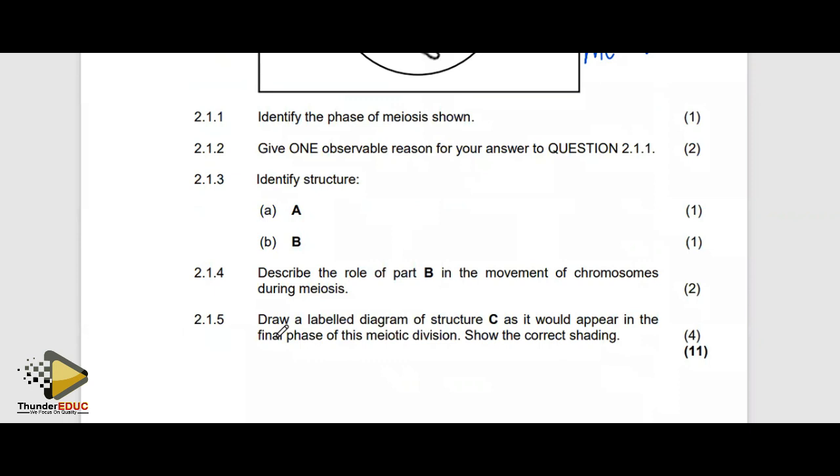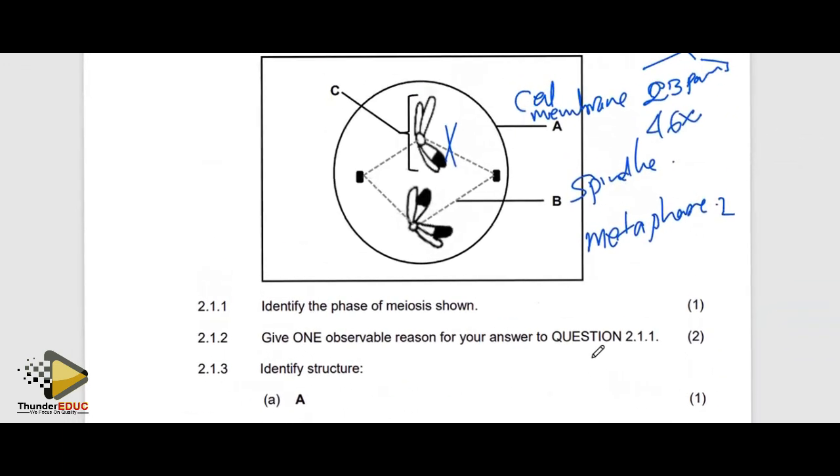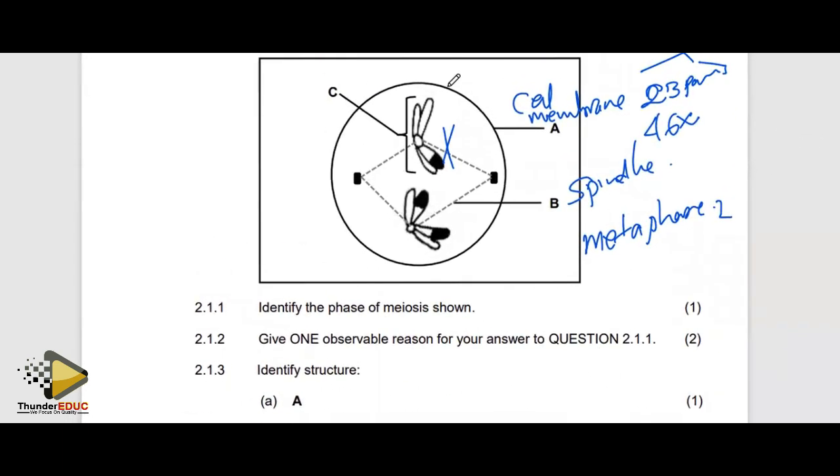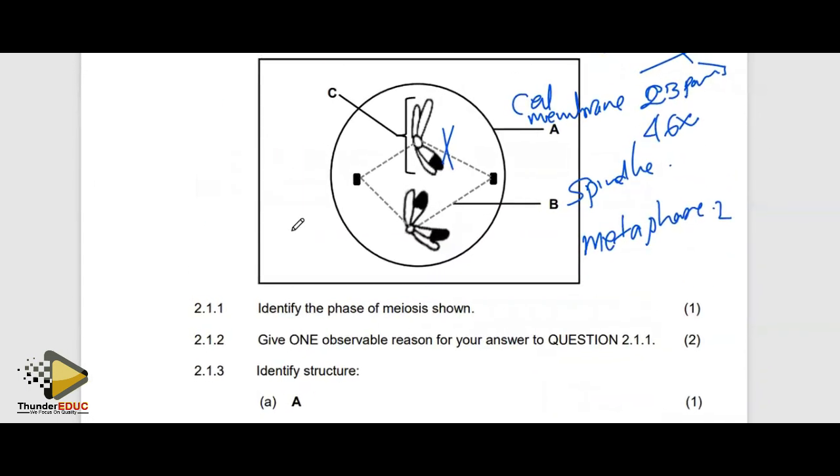Then another question says draw a labeled diagram of the structure C that would appear in the final phase of this mitotic division. Show the correct shading of C. So where is C? Remember, this is going to split. It is a chromosome.